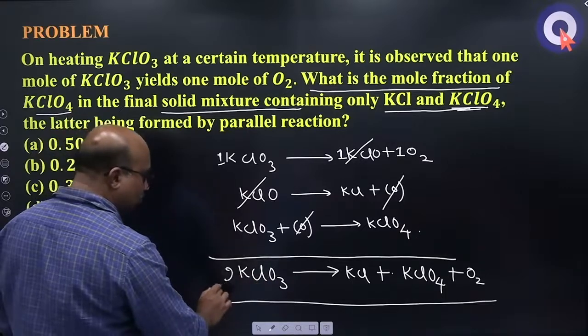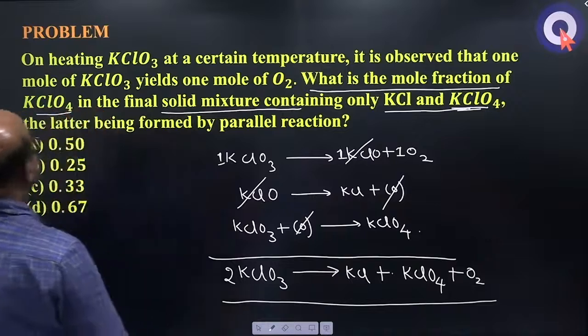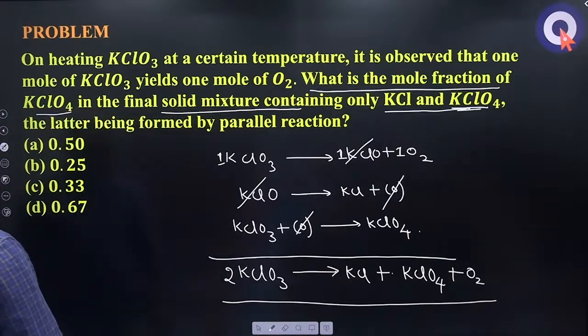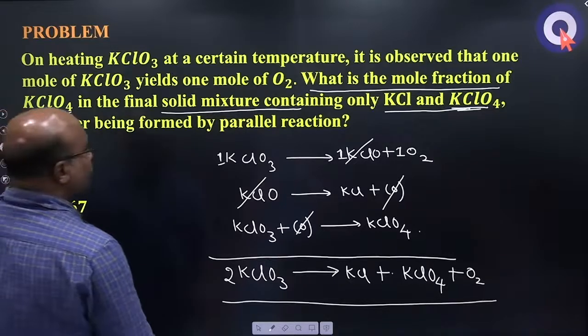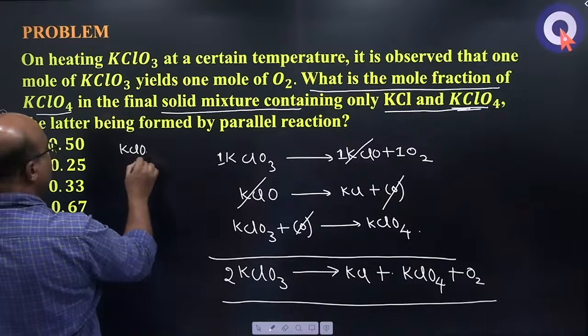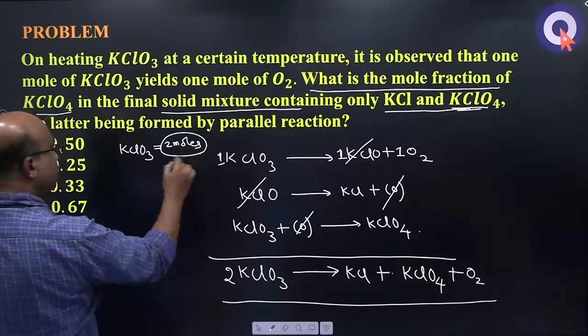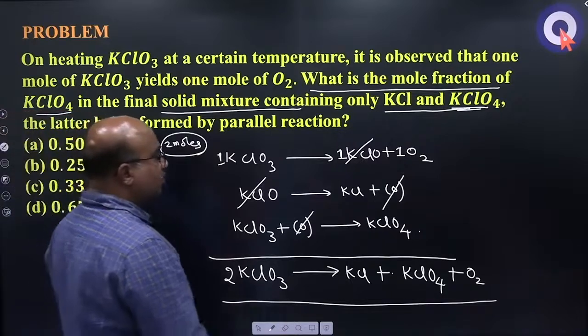So this is 2 moles. Now what he is asking is, what is the final mixture? Means suppose you are starting with 2 moles of KClO3. Then how much of this should I get?